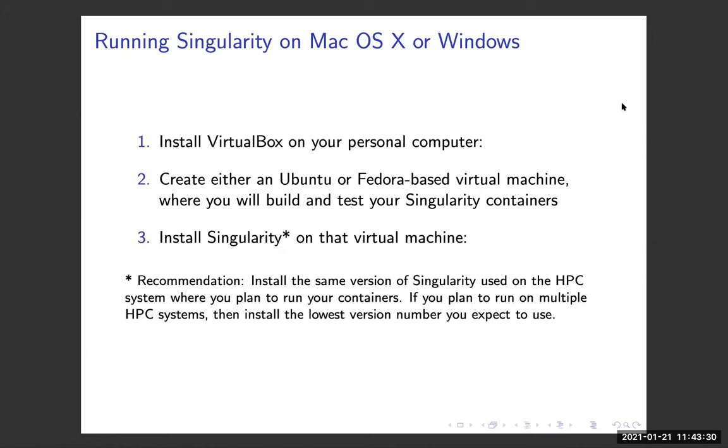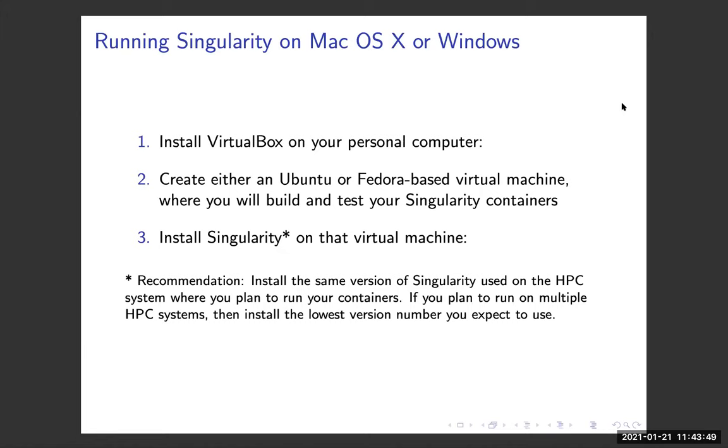And the recommendation I have here, at the star, is that if you're going to do that and actually run the containers on any of the XSEDE systems, the general rule of thumb is don't use a version of Singularity that's higher than the one that you want to run on the HPC systems.